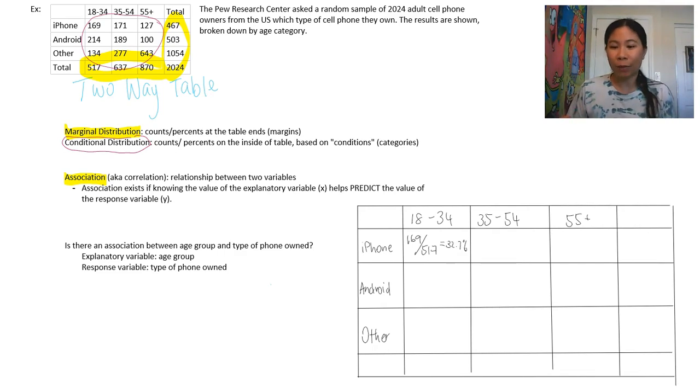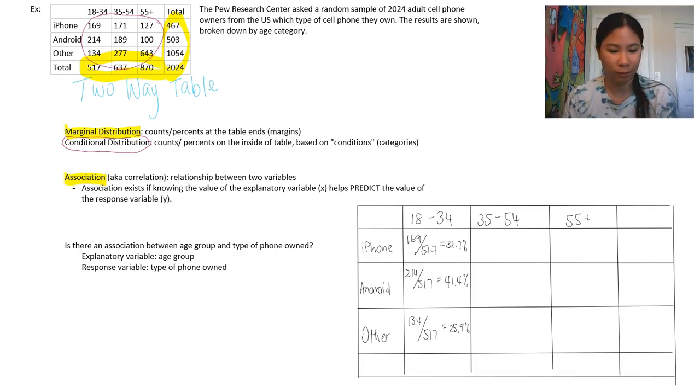It ends up being 32.7%, so I'm going to do this same thing with the Android and the other categories as well. So in the next category, in the 35 to 54 age group, there were 637 people total, so we're going to divide each of those numbers in that category by 637.